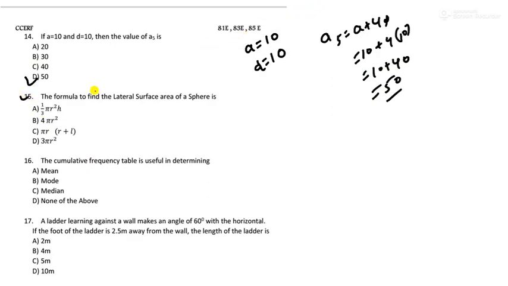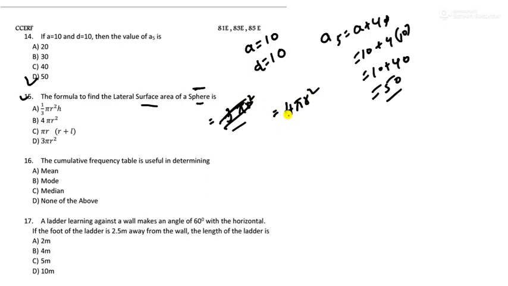Next is question number 15. What have they given here? The formula to find the LSA of a sphere. What is the formula? I think it is pi r square, and since it is LSA, it is 3, not 4. Sorry, sphere is given, so not 3, it is 4 pi r square, because for a sphere you don't have any top or bottom side.